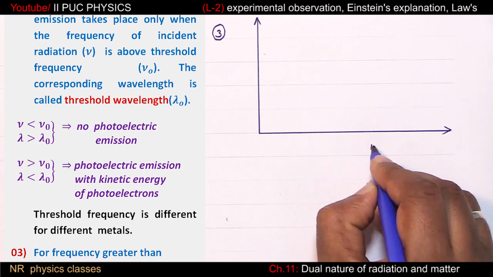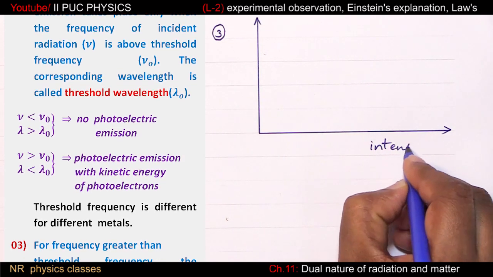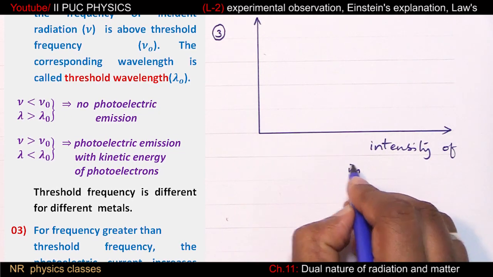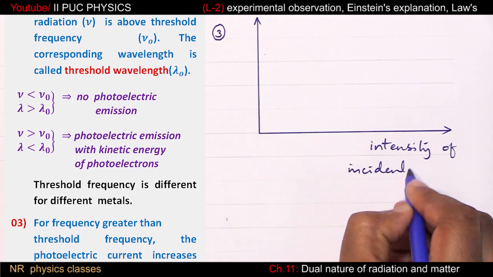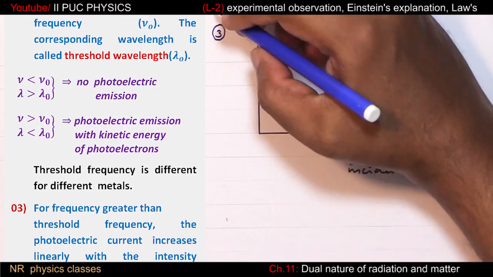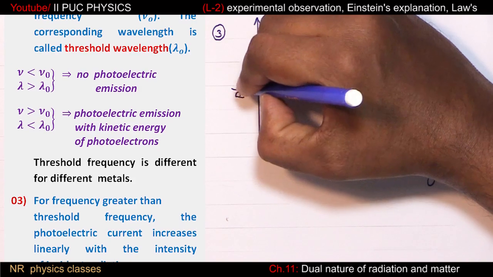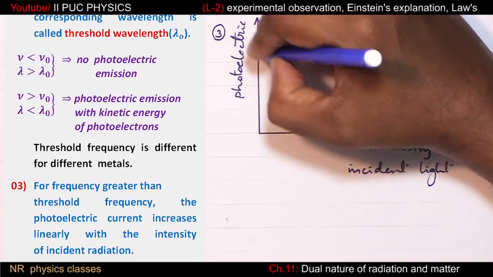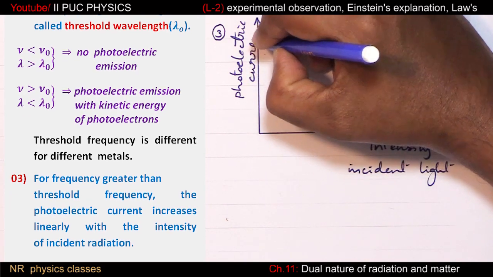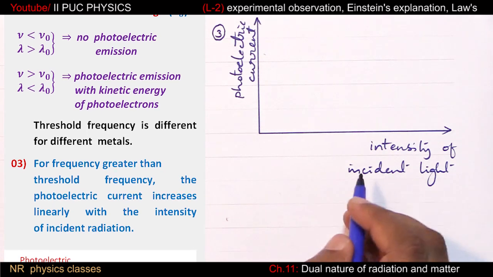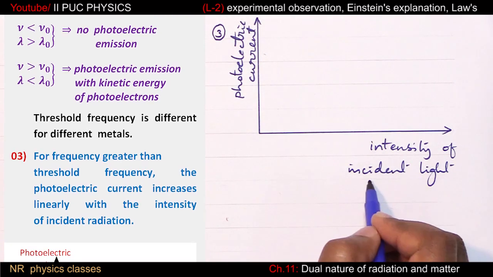Variation of intensity of incident light and photoelectric current. Intensity of incident light.